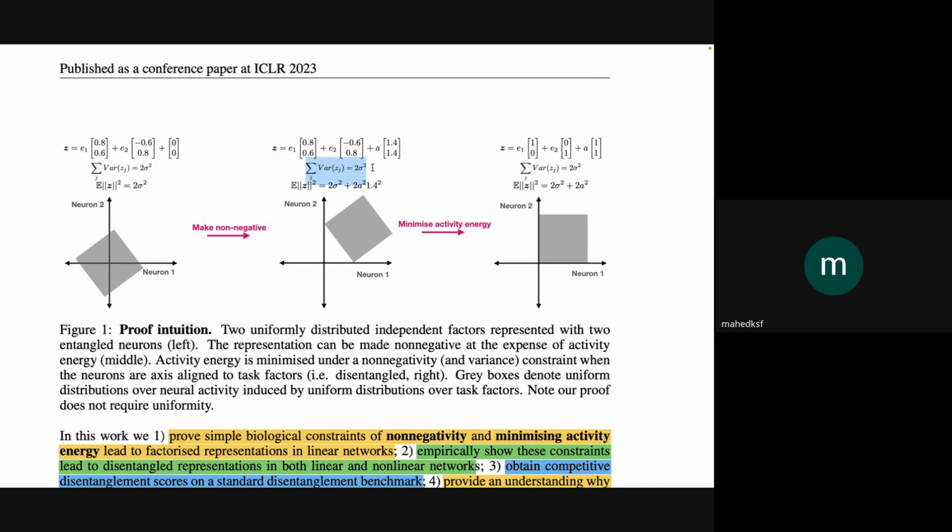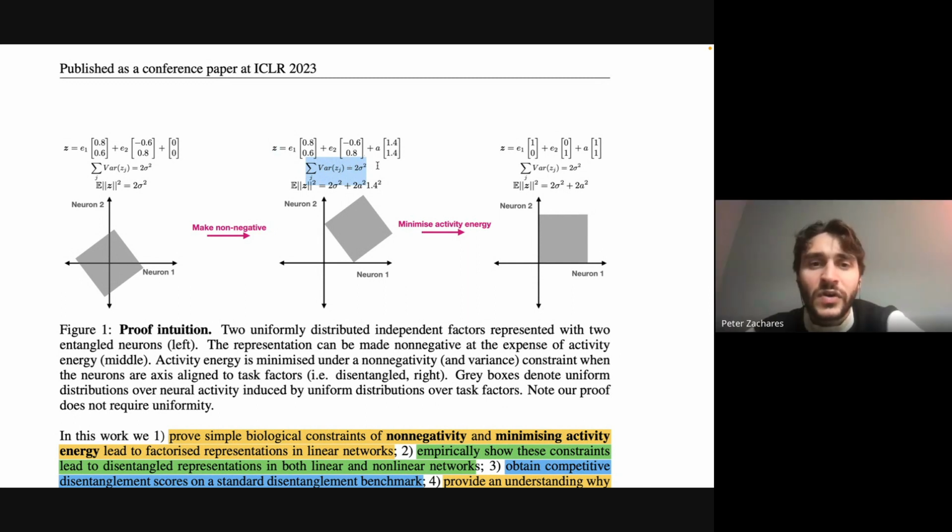Because on the perfectly minimized activity energy, the matrices are positive for all three, E1, E2, the associated matrices. Does non-negativity forcing mean the elements in the column vectors have to be positive, or the whole thing?